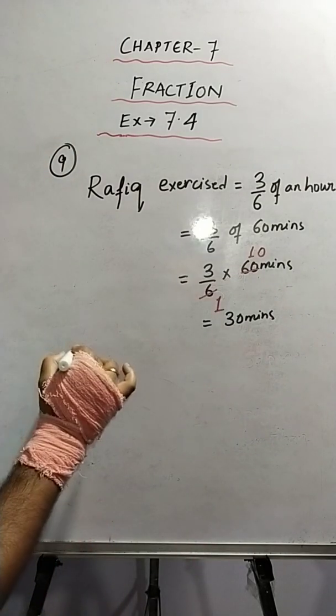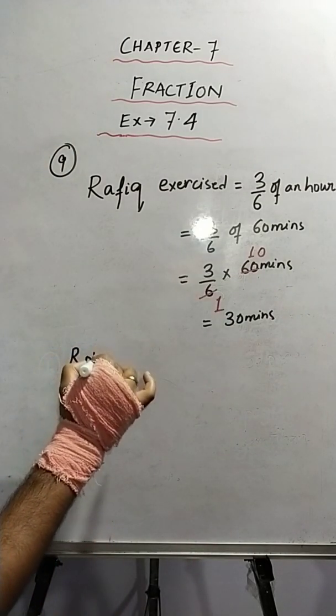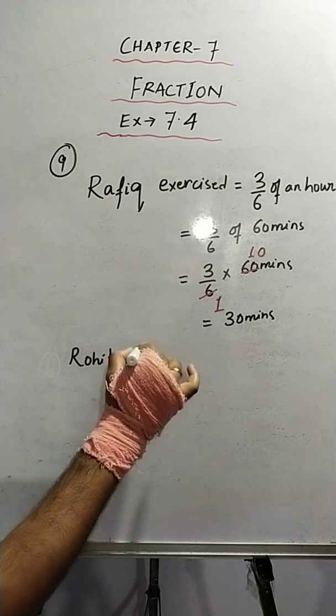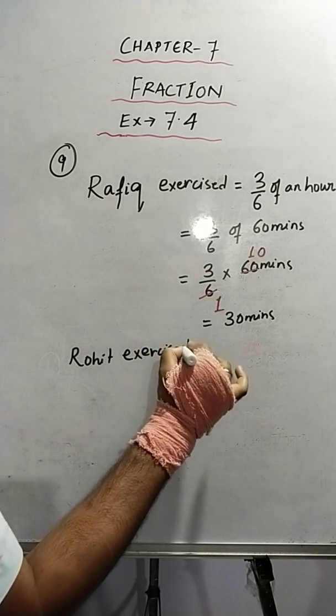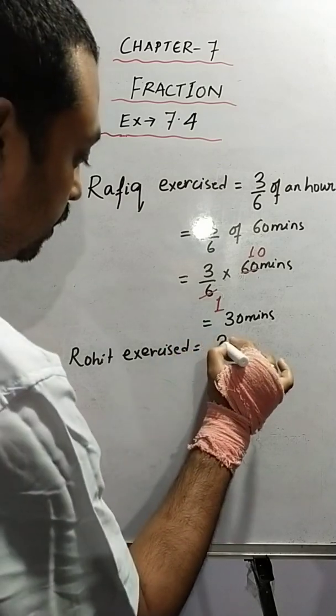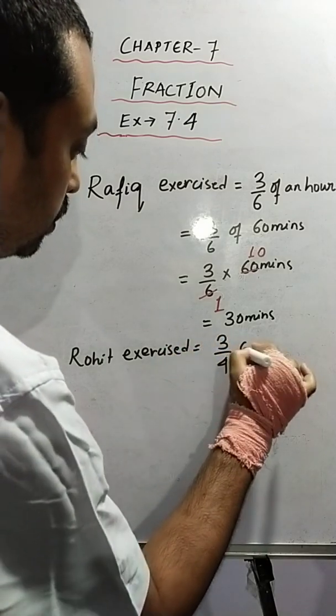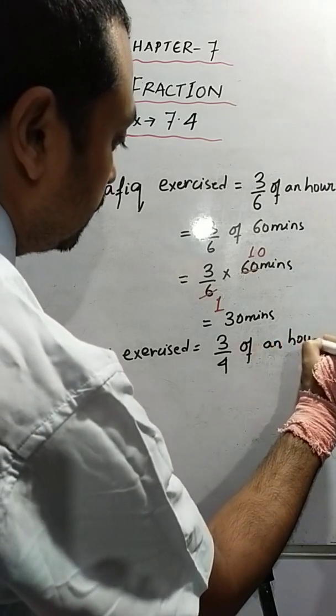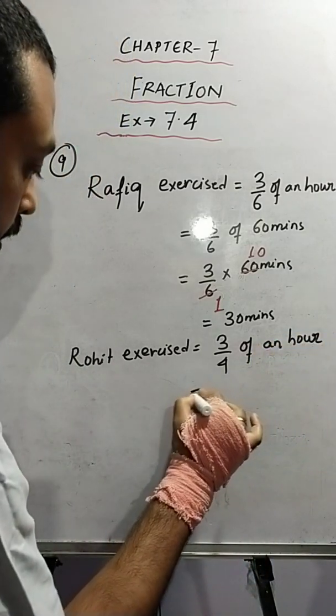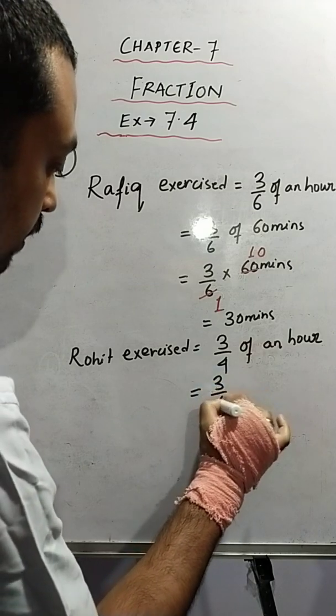Now let's check how long Rohit has exercised. Rohit exercised, that is what? 3 upon 4 of an hour, isn't it? So what we'll do? In place of an hour, we'll write 60 minutes.